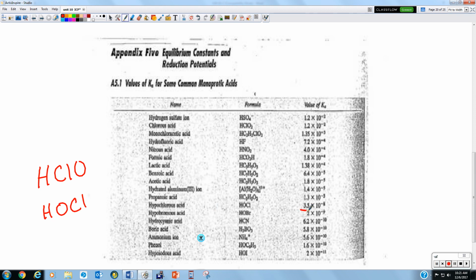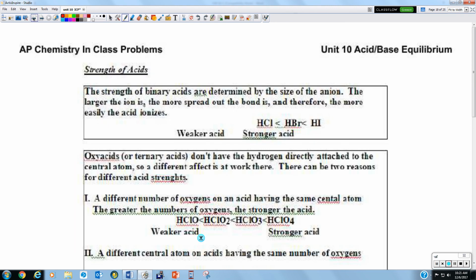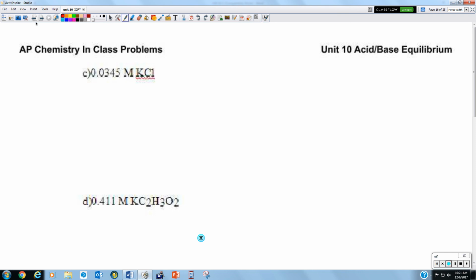Right here. Yes, 3.5 times 10 to the negative 8. Look at the top of the page, is this a Ka or a Kb? It's a Ka. So we're going to take that number and set it up in our equation.